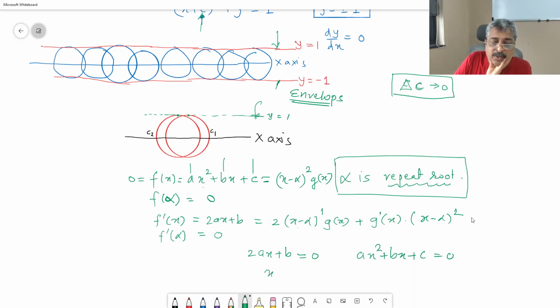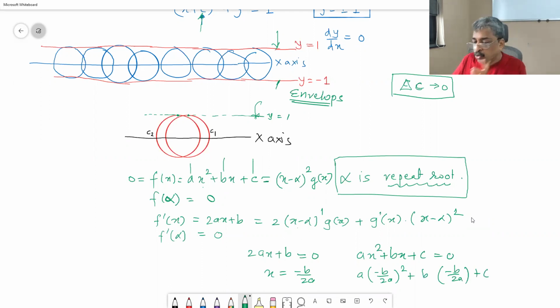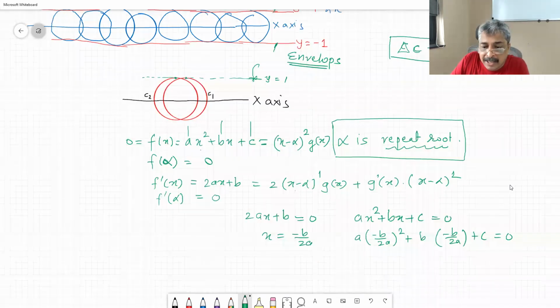So I get x equal to minus b upon 2a, which I substitute here: a into bracket minus b upon 2a whole square, plus b into bracket minus b upon 2a, plus c should be equal to 0. Now if you simplify this, what you get is b square minus 4ac equal to 0.